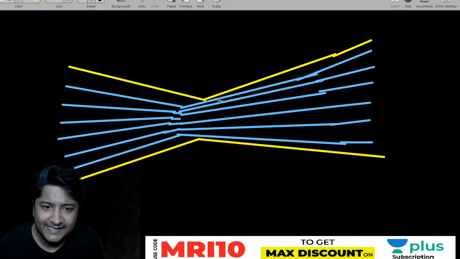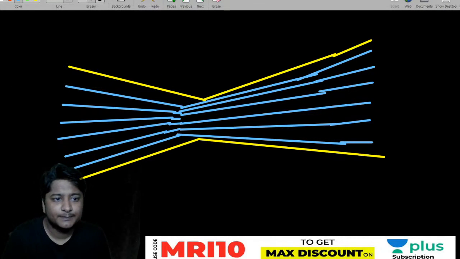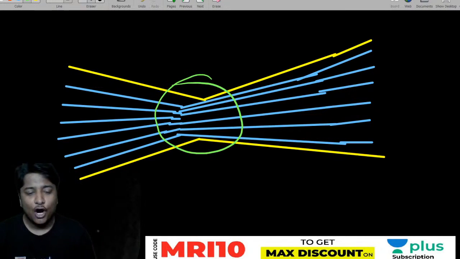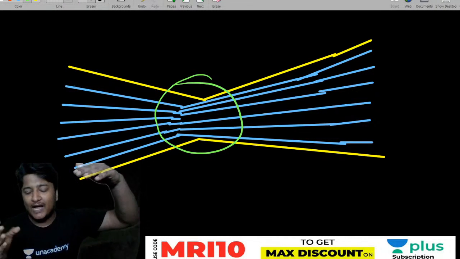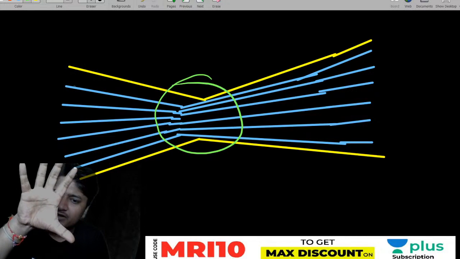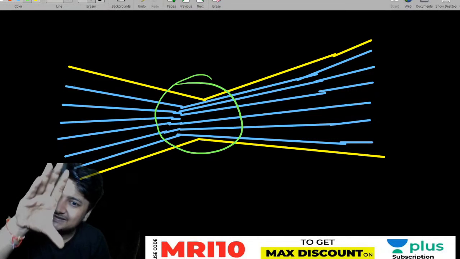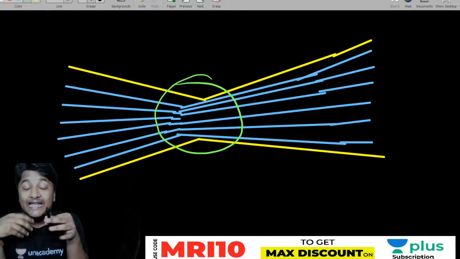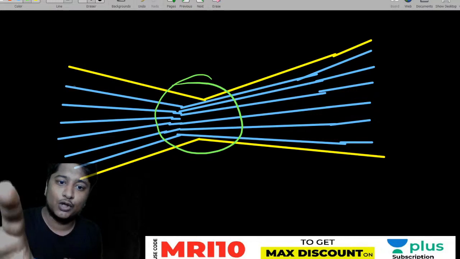What you have noticed here, at this point, all the blue lines are nothing but the streamlines, and they are converging. The spacing between the streamlines is getting reduced. That is the indication that your velocity has increased.